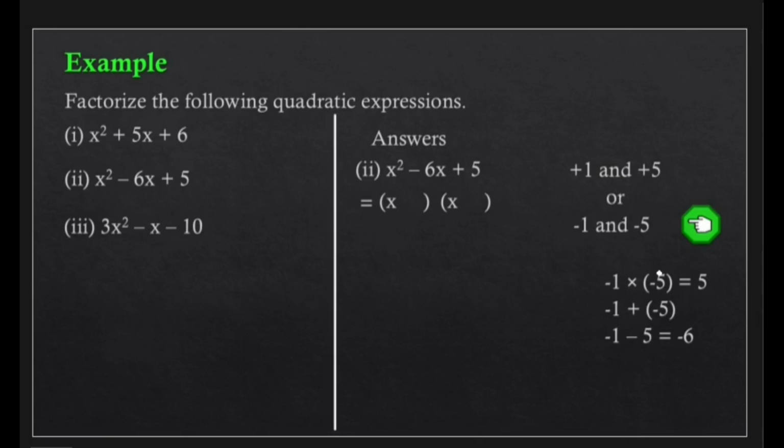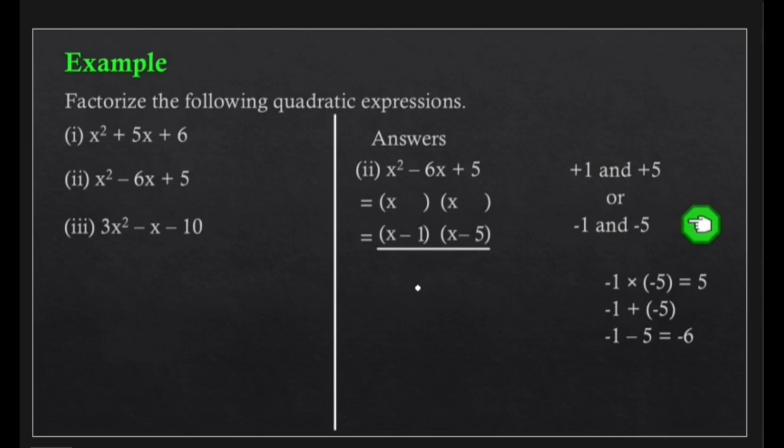So you have seen that multiplying gives us positive 5, which is this one, and adding the same gives us negative 6. So this qualifies. So we can say equals, open brackets, here we put negative 1, here negative 5. So this is our answer. We have factorized this expression, as simple as that.